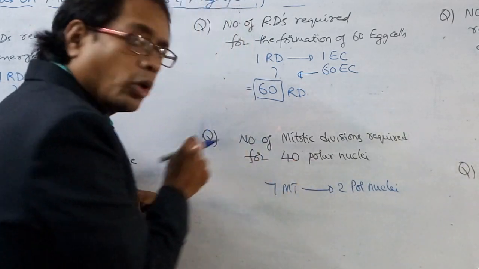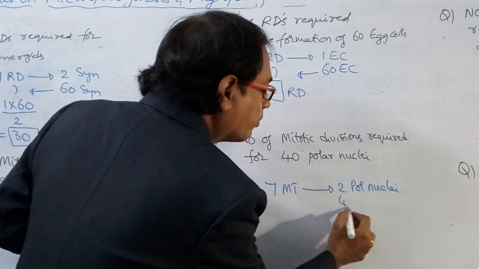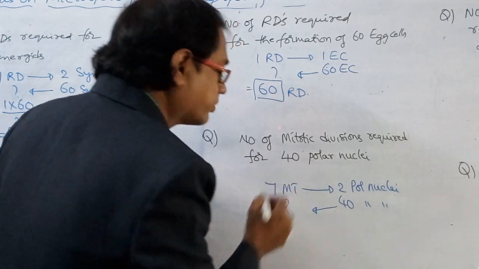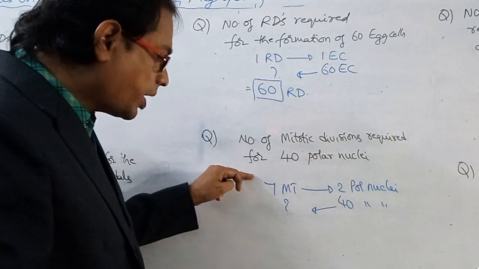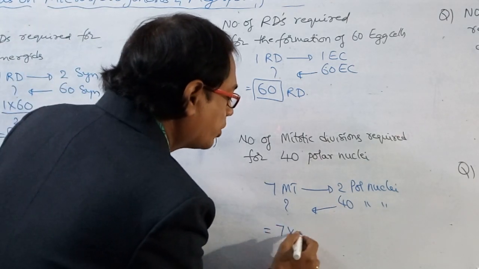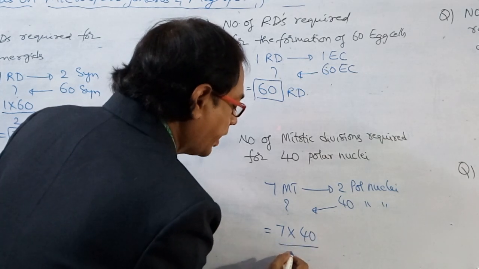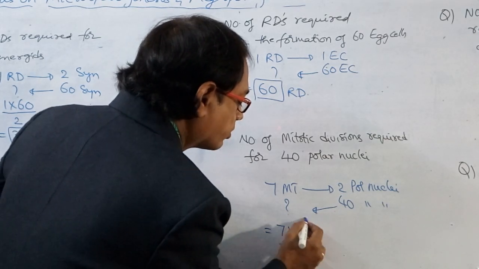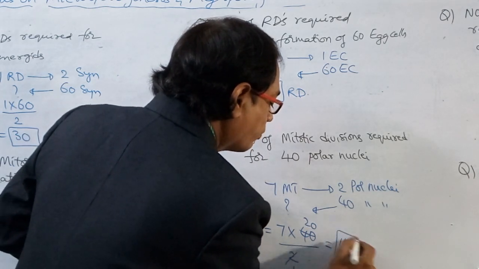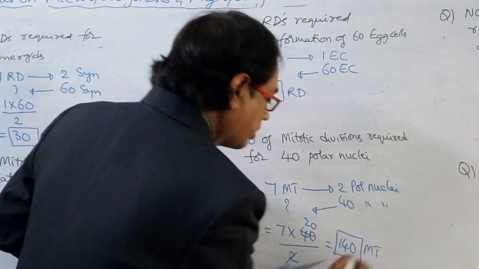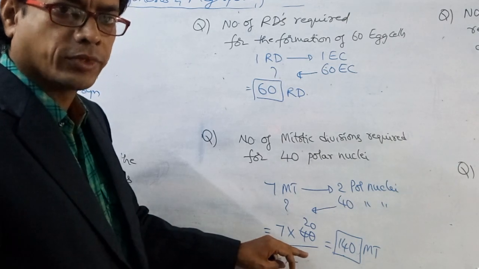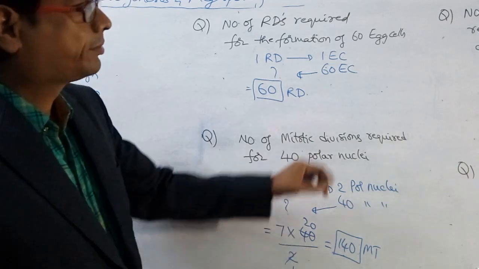And here, how many polar nuclei are given? 40 polar nuclei are given. So that is 7 into 40 divided by 2. 2 ones are 2, 2 20s are 40. That is equal to 140 mitosis. Okay? Do you understand? Okay.